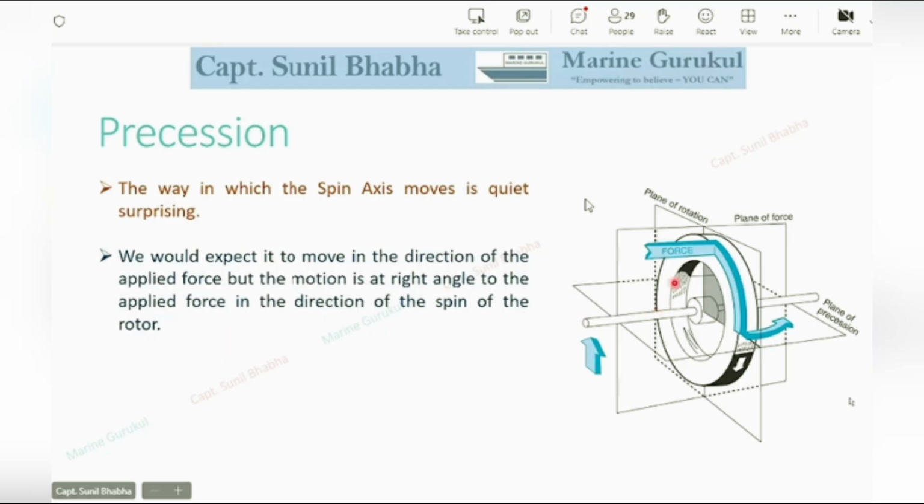So you see a rotor here. The rotor is moving in the clockwise direction, if you are looking from this particular side, where you have this arrow.